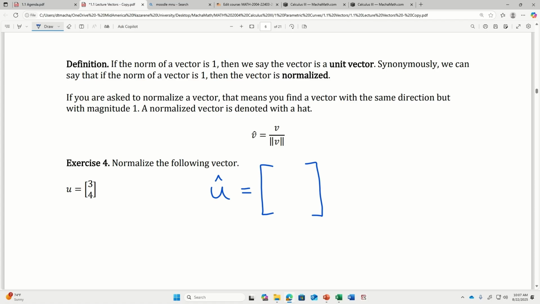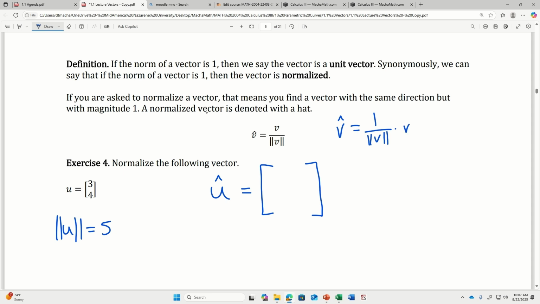Yep. So u has a norm of 5 because you take the square root of 3 squared plus 4 squared. And then whenever I say that we are going to take my vector and divide it by its norm, you could also just think about multiplying by the reciprocal.